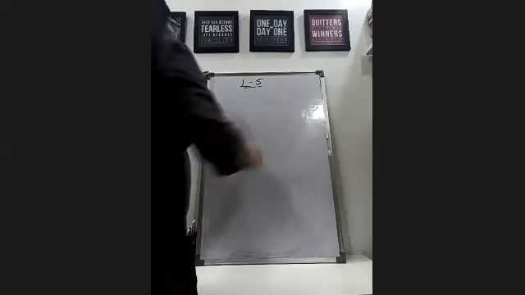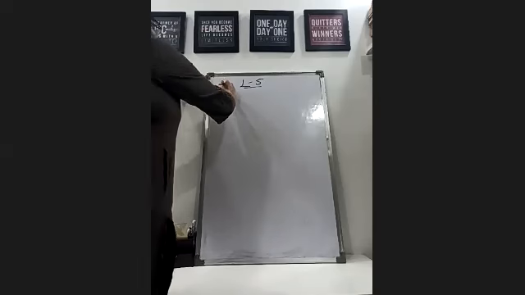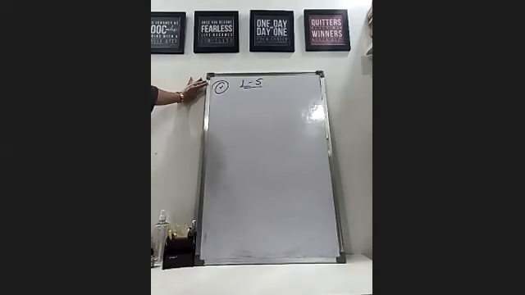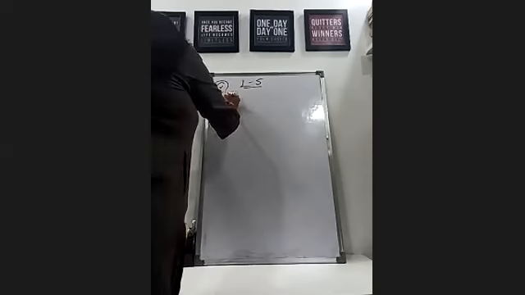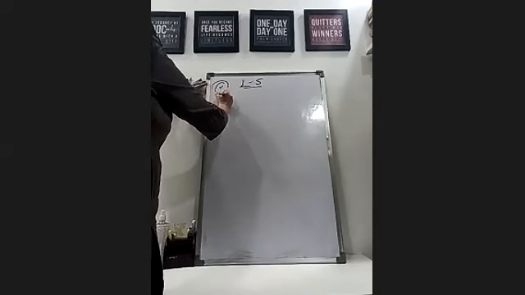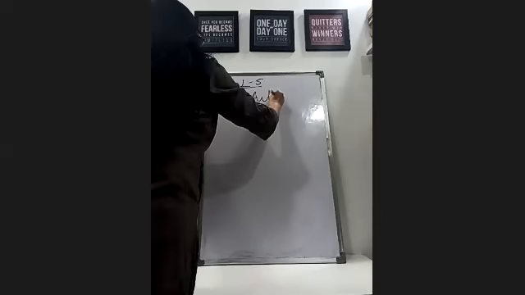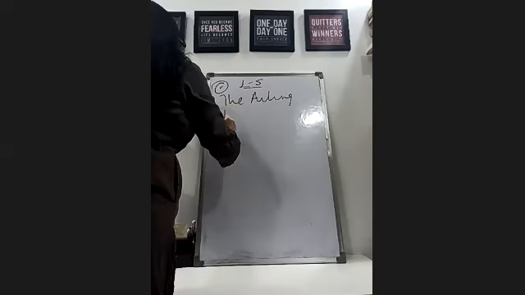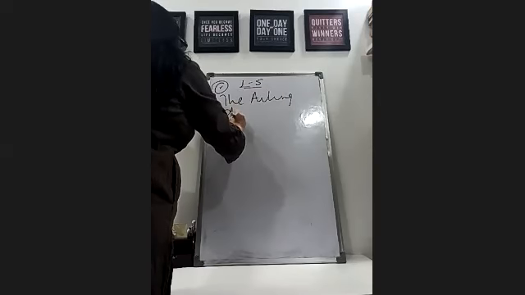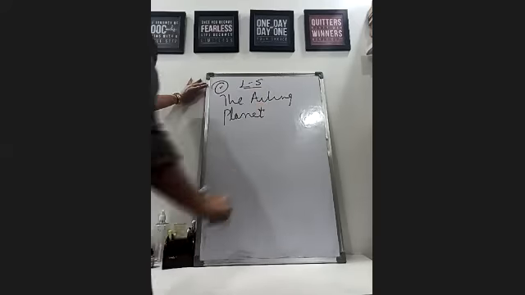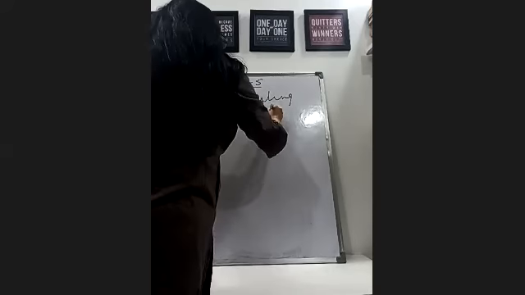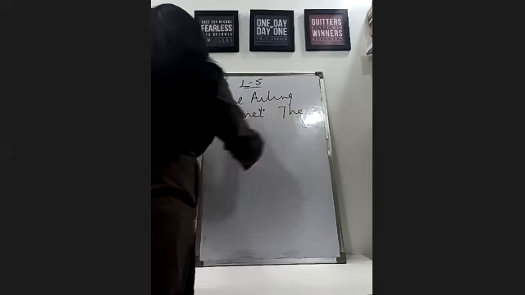Look at lesson number 5. Lesson number 4 is out of syllabus. So, the name of this lesson is The Ailing Planet, the Green Movement's Role.